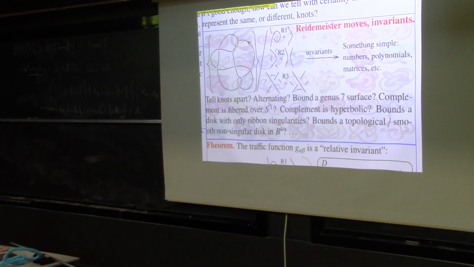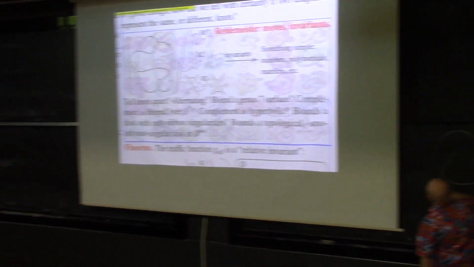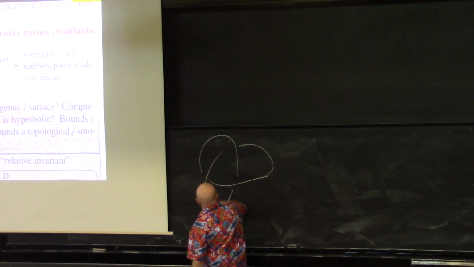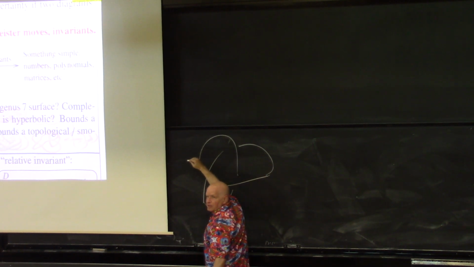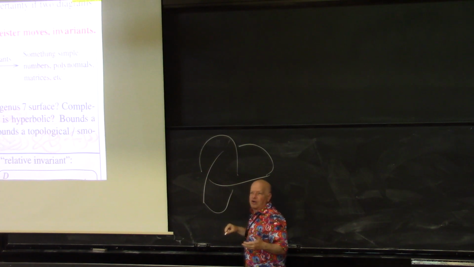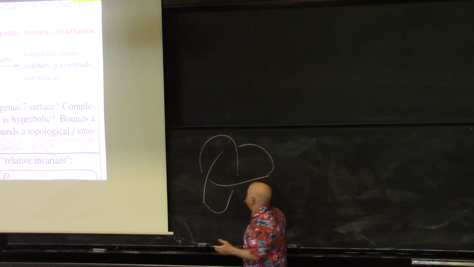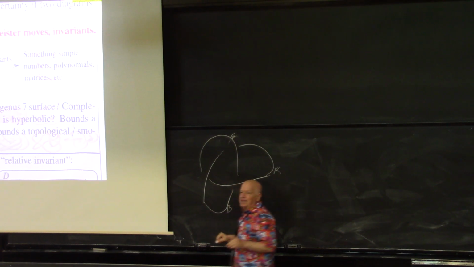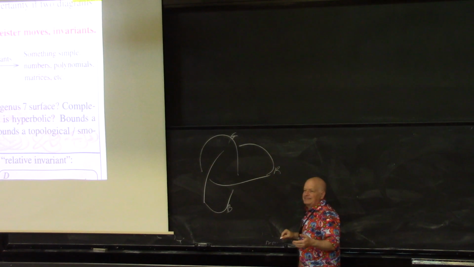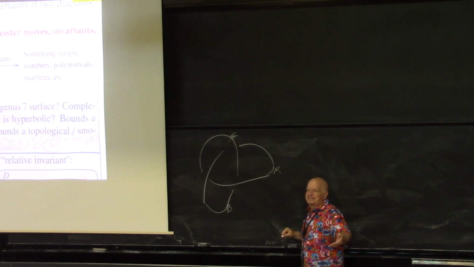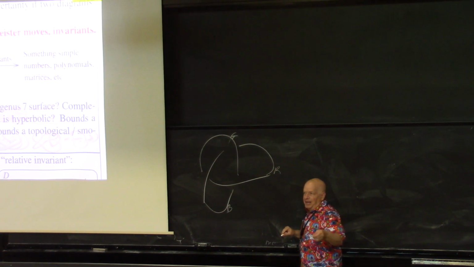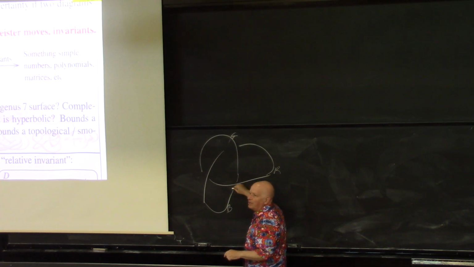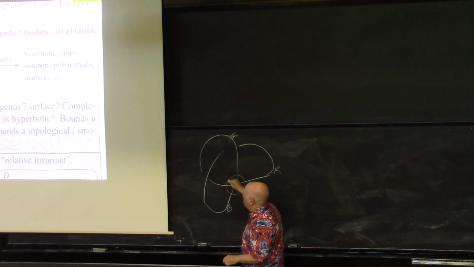if you have a knot diagram, you can look at the arcs of the knot diagram. There are 3 arcs here. 1, 2, 3, right? And you can color them with 3 colors. So say red, green, blue. And you're asking yourself, how many colorings are there that have the property that in every crossing, either all 3 colors appear.